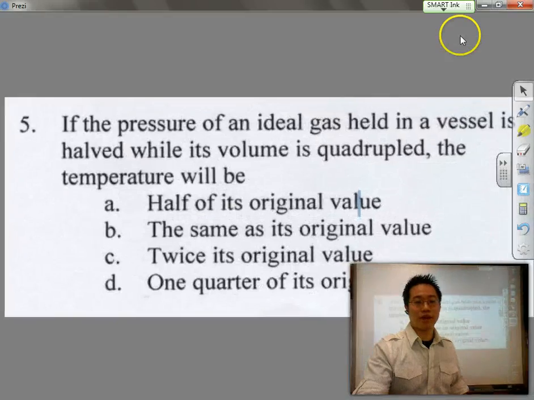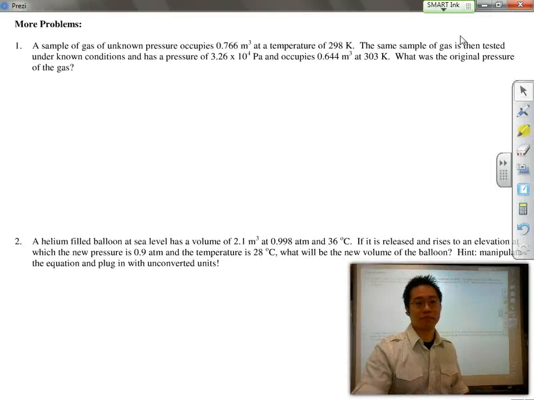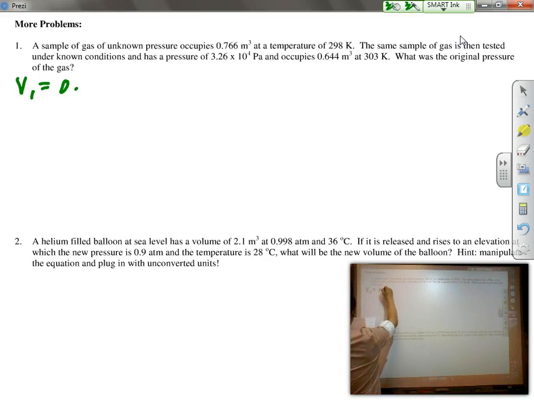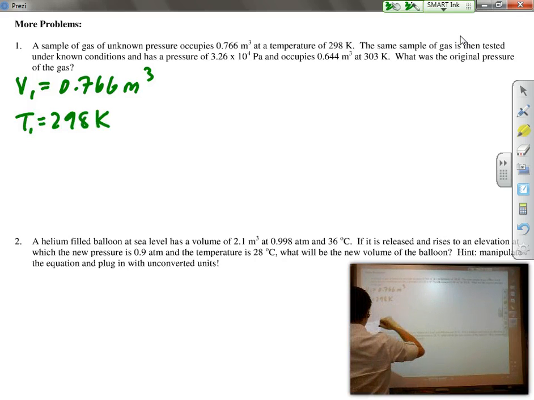Now, let's do a quick practice problem with this. A sample of gas of unknown pressure occupies 0.766 meters cubed. So my first volume is 0.766 meters cubed. I know that it's at a temperature of 298 Kelvin.